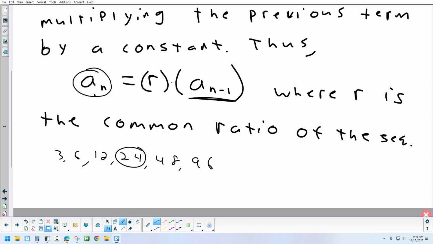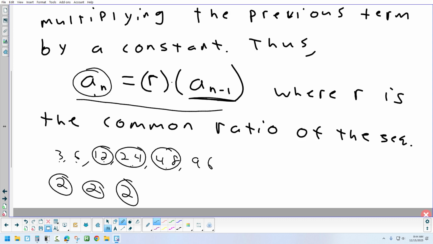What's 24 divided by 12? 2. What's 12 divided by 6? 2. What's 6 divided by 3? 2. So if you are not sure what you're multiplying by each time, then pick a term and then divide by the one that comes immediately before it. If you can't go to any term before it, you got to go to the one immediately before it, and that'll tell you what you're multiplying by.